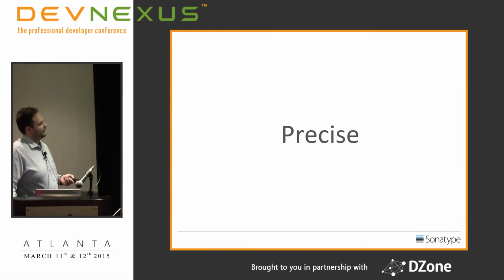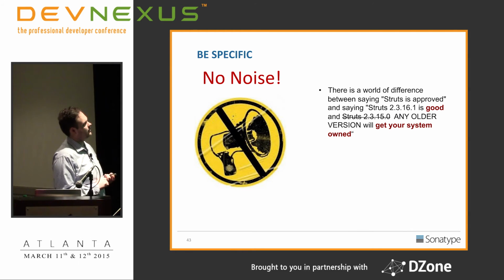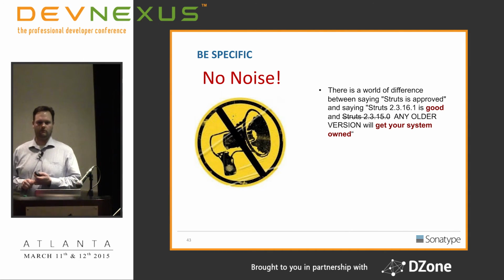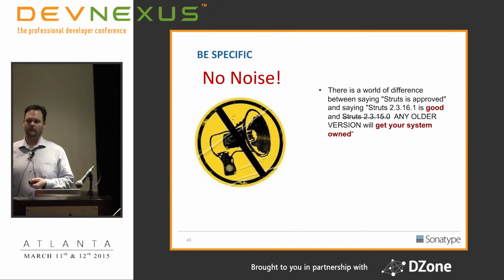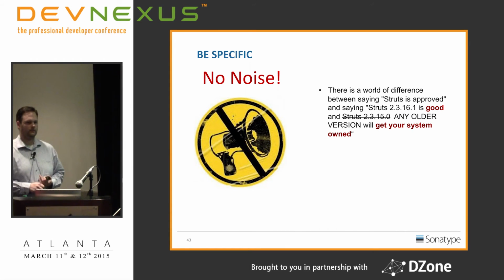The data that comes back from it really needs to be precise. And this one, I use struts as an example here. These numbers are a little bit old. But what we saw, because the manual approval process was so burdensome, what we saw people doing is they wouldn't even go down to approving a specific version of a component. They would just say, yes, you can use that technology. Yes, struts is okay. So somebody did a check at some point in the past and decided it was okay.